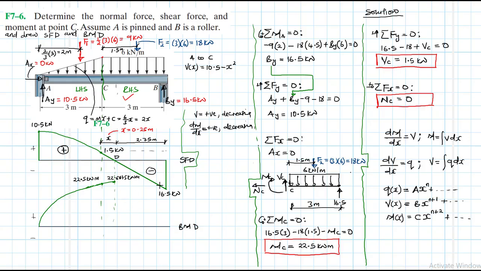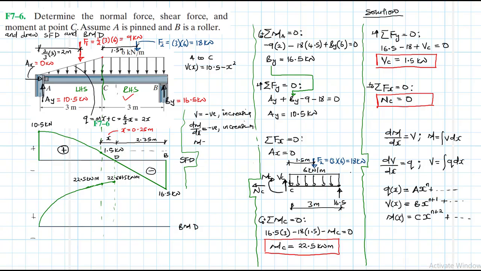So from D to B, of course the shear is negative, and it is increasing in the negative direction. So you expect the moment to also be negative and increasing in the negative direction.